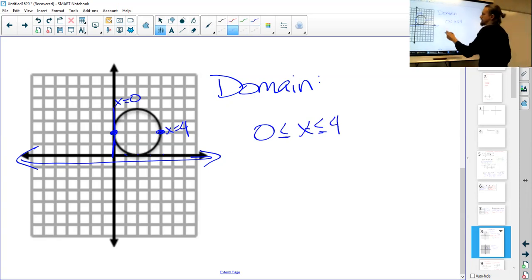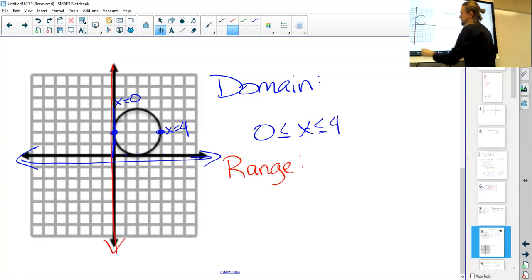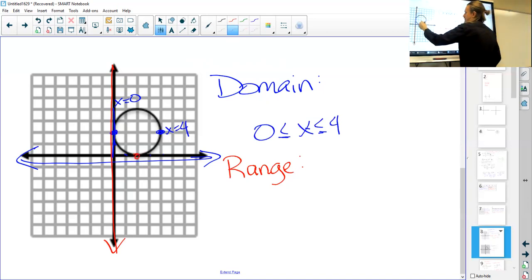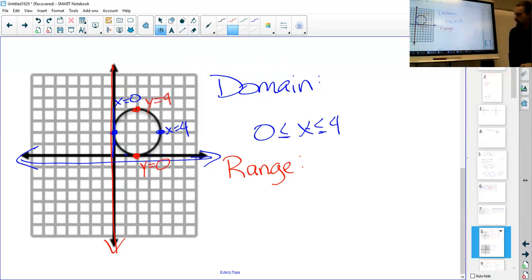And then we do the same thing for range, only instead of going left to right, now we're looking at it from bottom to top. Fortunately, circles are kind of nice in that they're even like that. My lowest point is where y is 0, and my highest point is where y is 4.